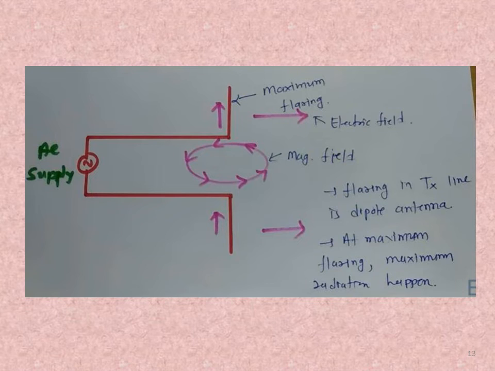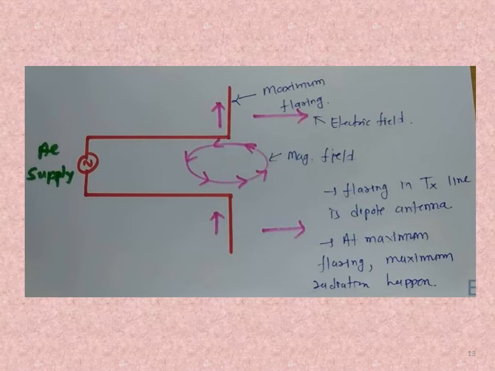Now this is the structure of a two wire line, and it has been flared to 90 degrees. So we will have the electric field and the magnetic field produced out of it, and it will be radiating.